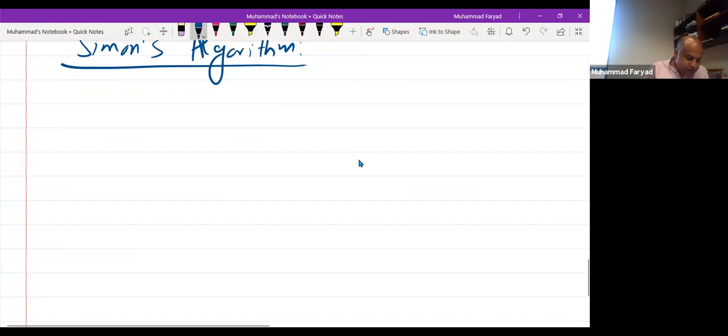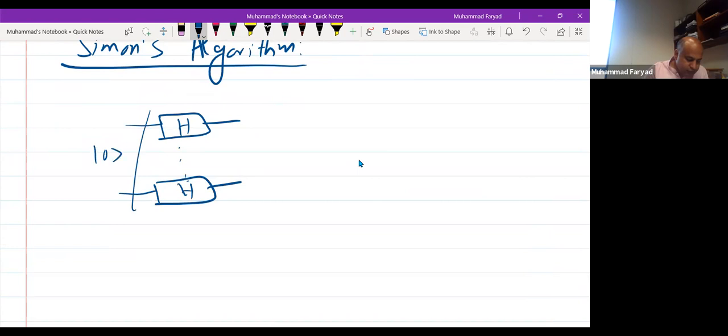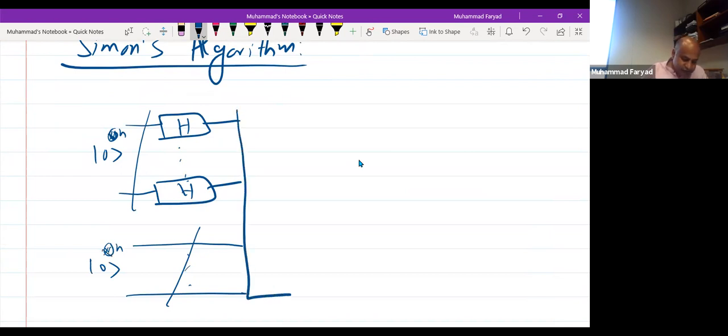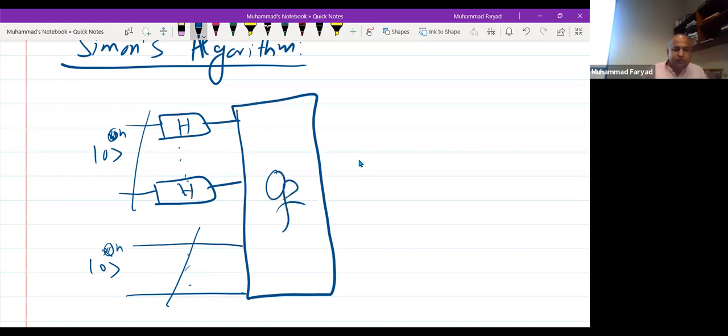So the algorithm is like this: you prepare n bits in the 0 state, and then you apply Hadamard on them. But then you also prepare another n bits in the 0 state, and there is an oracle O_f.